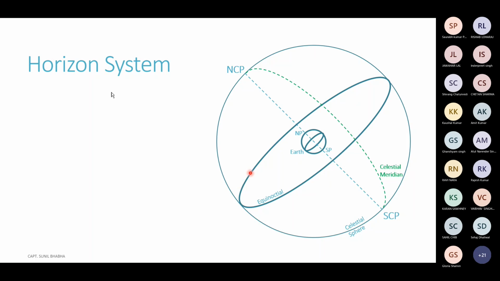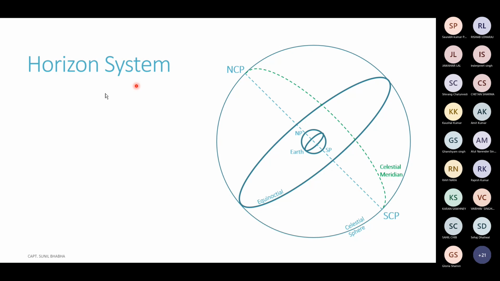Okay. So all these are the same items which we discussed in the equinoctial system of reference. So we are now going to add on the horizon system in this particular diagram only, so that we understand the concept, or we are able to combine them easily one by one.